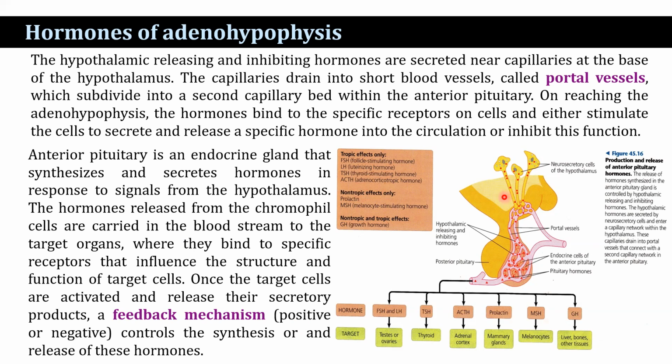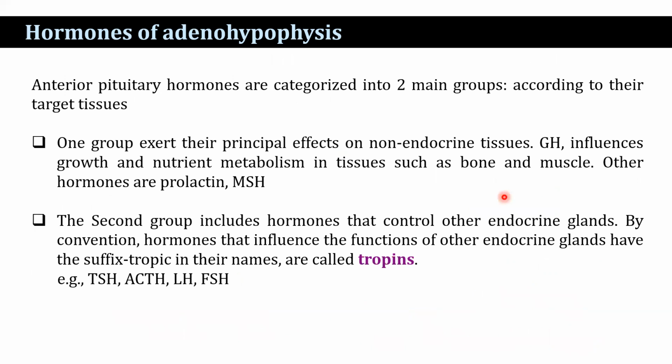Now, the hormones of the adenohypophysis are categorized into two main groups according to the target tissue. One group exerts its principal effects on non-endocrine tissue, as for example growth hormone, which influences growth and nutrient metabolism in tissues such as bone and muscle.